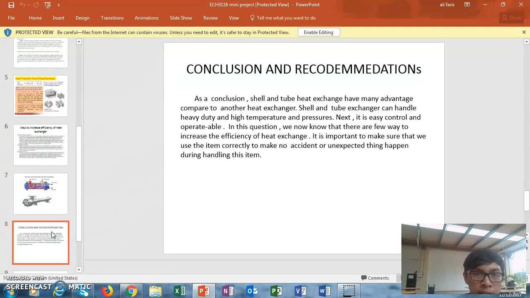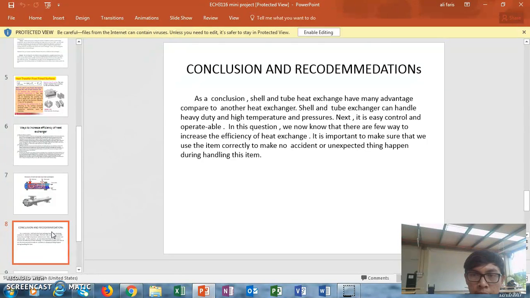After that, the conclusion and recommendation. As a conclusion, shell and tube heat exchangers have many advantages compared to other heat exchangers. Shell and tube exchangers can handle heavy duty and high temperature and pressure. This is one of the advantages that other heat exchangers cannot have.